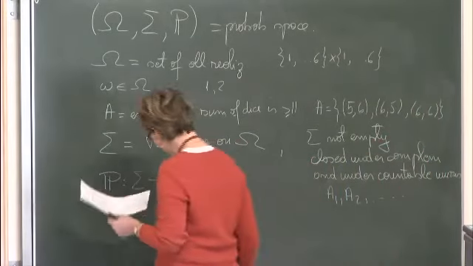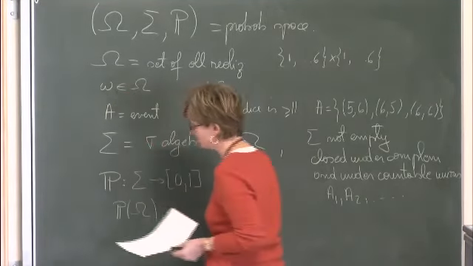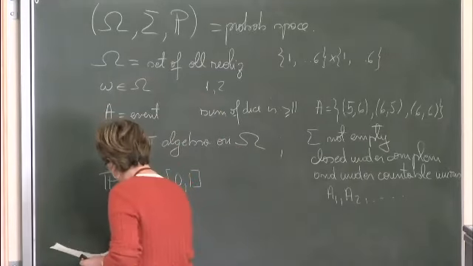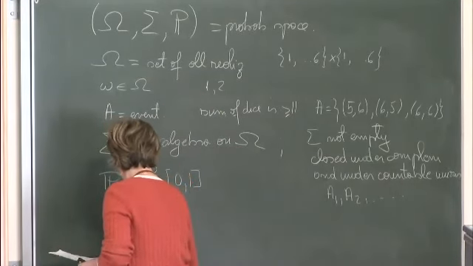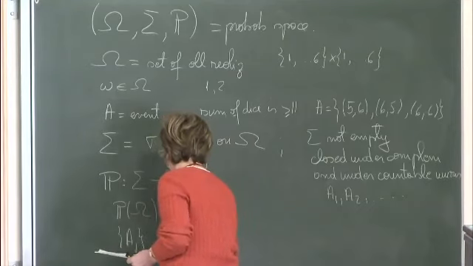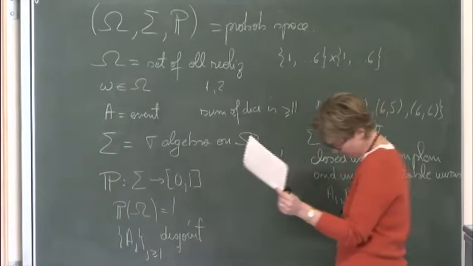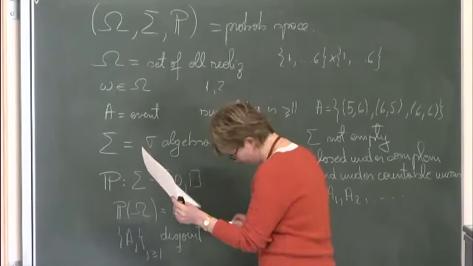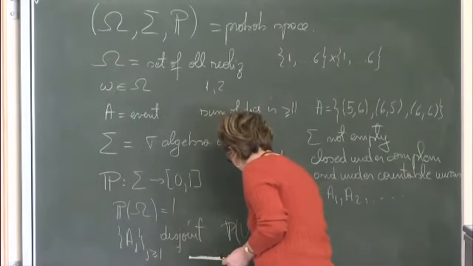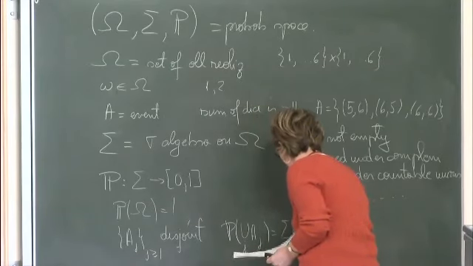And what you need is that if you look at the probability of the whole space, that has to be 1. And then if you have disjoint events, then the probability of the union of these events is the sum of the probabilities.